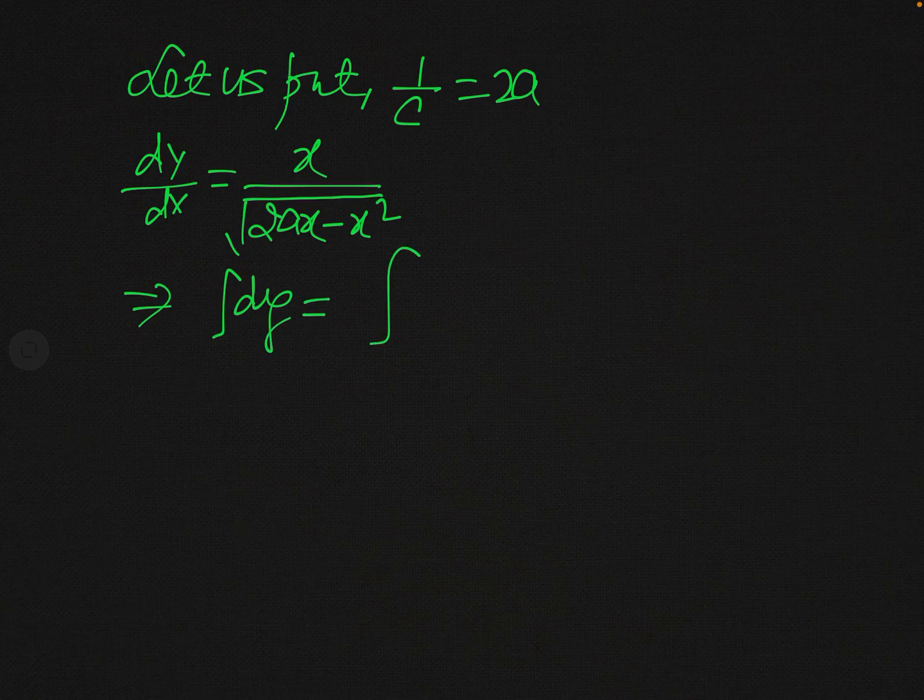This will be equal to the integral of x dx over the square root of 2ax minus x square.